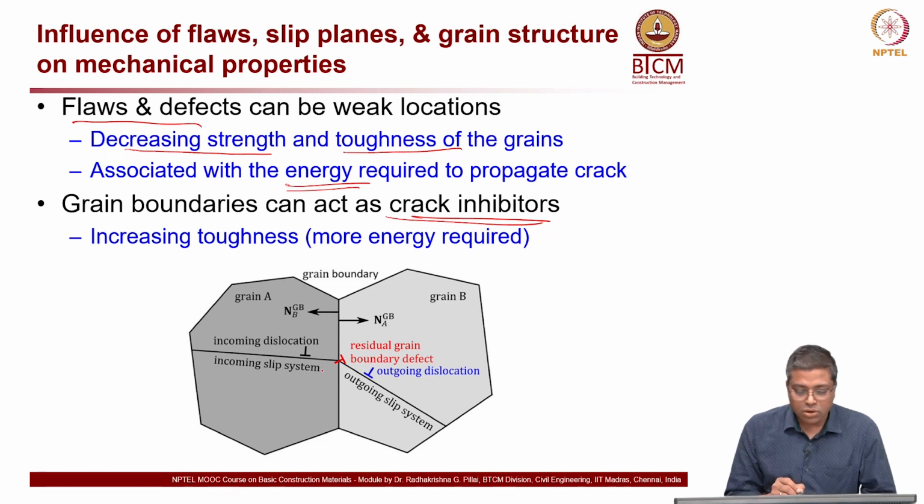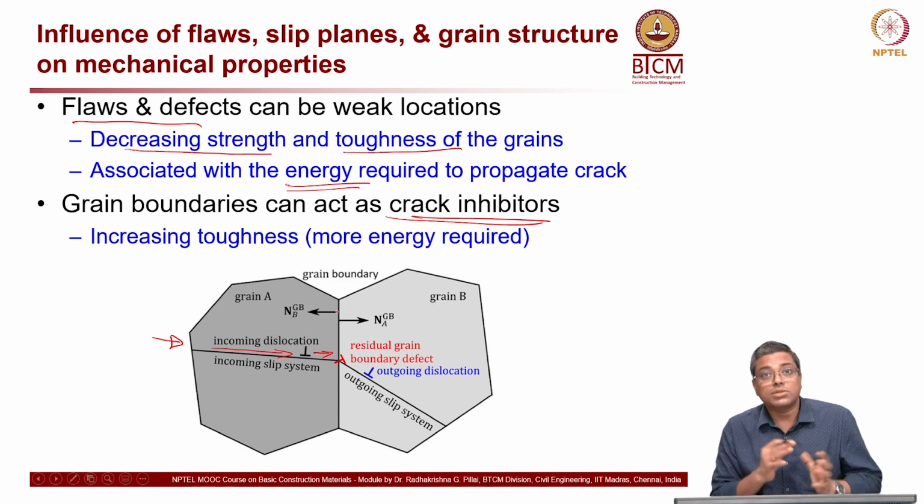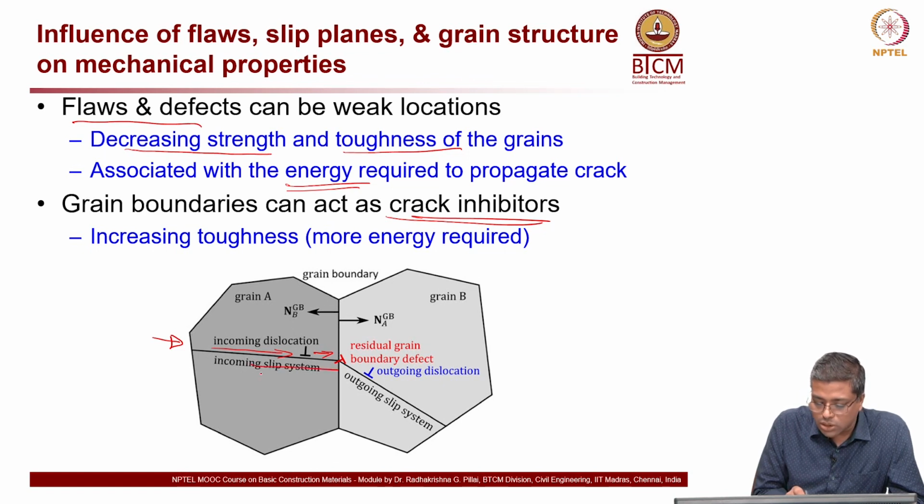So, let us look at this drawing here at the bottom. This again I got from the internet, but you can see here there is an incoming dislocation, this perpendicular sign here. If the force is applied like this, this dislocation will keep moving towards the right, and at the grain boundary there will be some stress release, because the alignment on the right side is slightly different from the left side.